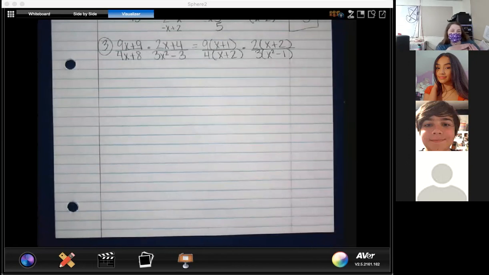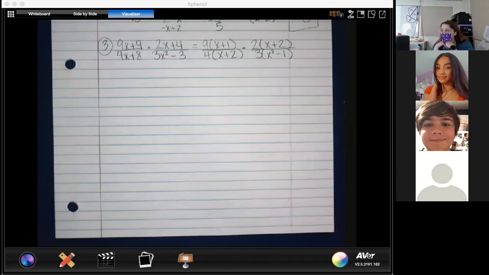Maybe look in the bottom. X squared minus 1. What type of factoring would that be? Who's going to get it? What type of factoring is x squared minus 1? How could we simplify that further?